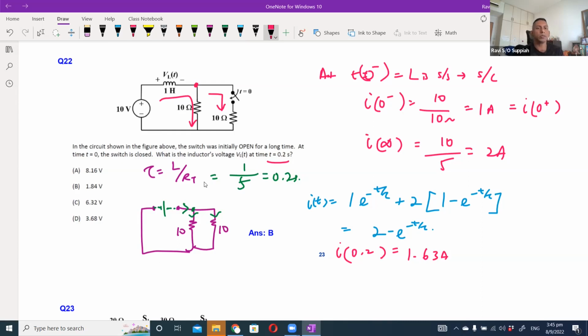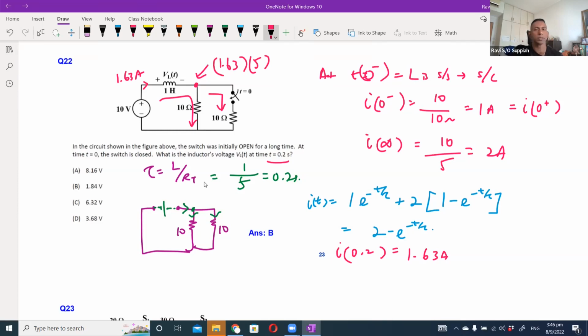Okay, so 1.63 is the current that is flowing through this inductor at t equals 0.2 seconds. Now, to find the voltage across the inductor, I can take the source voltage and subtract the voltage at this point, which is basically the voltage seen by the 5 ohm resistor. So the voltage at this point is basically 1.63 multiplied by 5.